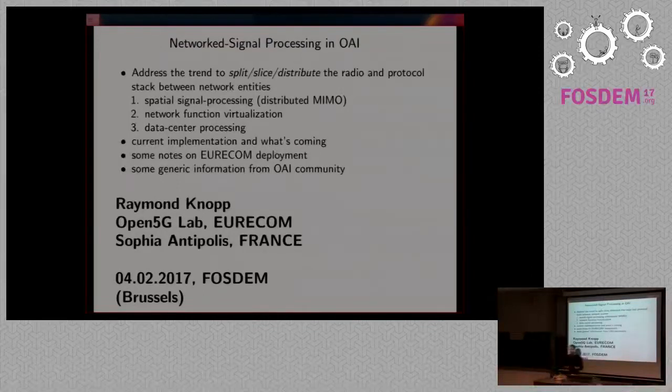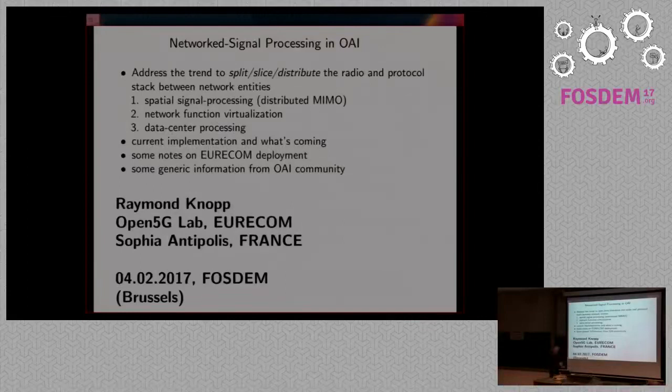All right, so what do I mean by network signal processing? There's a trend, and I'll show you a picture in a second, to start. It's actually kind of funny because 2G systems were already split between the BTS and the MSC. Basically the BTS was running the physical layer and the other was running the MAC layer.